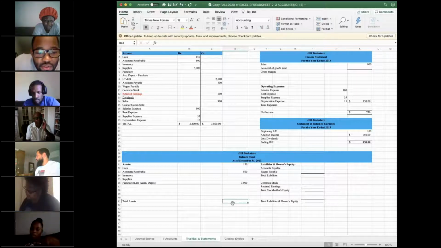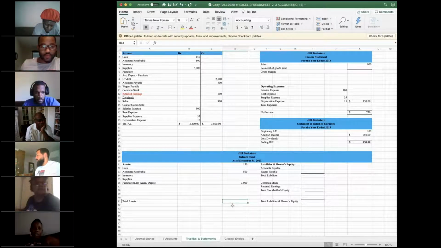Wait, no. It's 3,000 in supplies, not furniture. You said furniture, that's why you put it next to furniture. I thought it said supplies. I put it in supplies. Okay.